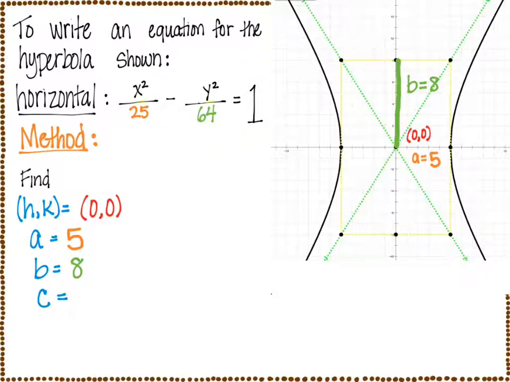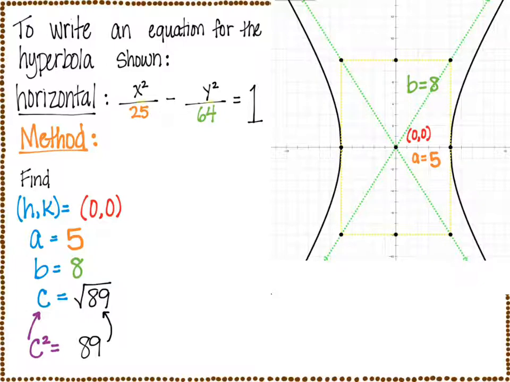But we do notice that the foci have not been graphed in this picture, so let's go ahead and do that. We're going to do the graphing of the foci. And to find that distance c, recall that in a hyperbola, we're going to add the two denominators. It's a squared plus b squared. So we have 25 plus 64, which is 89, and so c is the square root of 89.